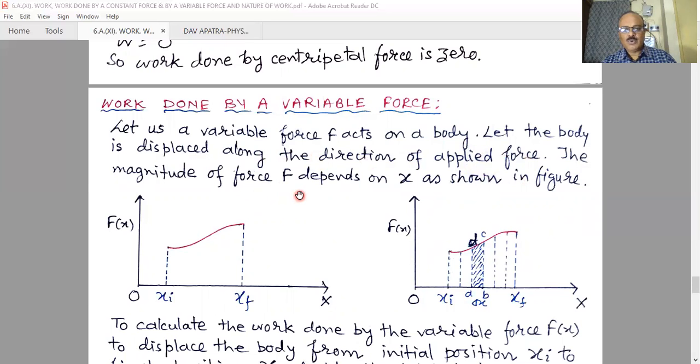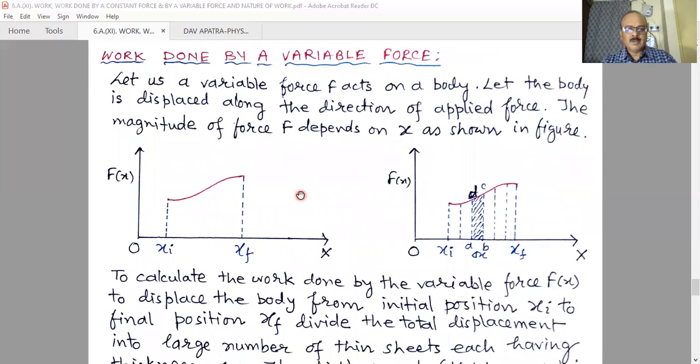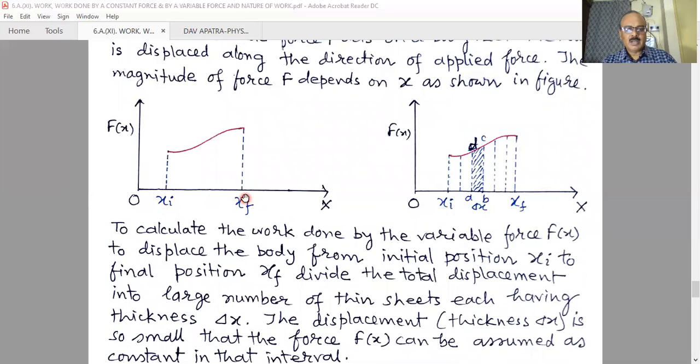The magnitude of force F depends on x as shown in the figure. Let us suppose the object is moving along the x-axis, from an initial point to a final point, and there is a variation of the force. Gradually the force increases, at different rates.